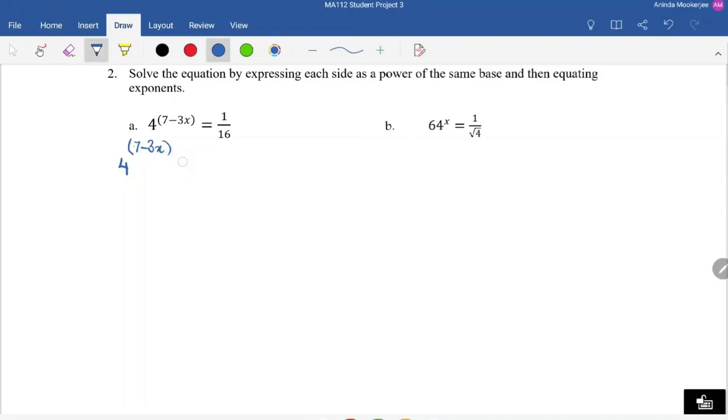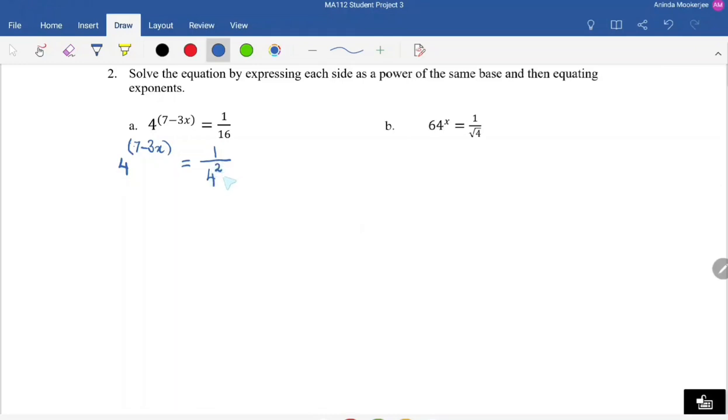And then the equal sign, and on the other side of the equal sign, we have 1 over 16. Now, 16 can be written as 4 squared, correct? We can rewrite 16 with base 4 in exponent form. So 16, I'm going to write that as 4 squared.